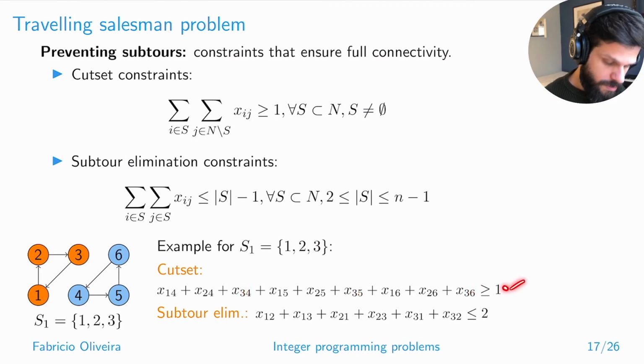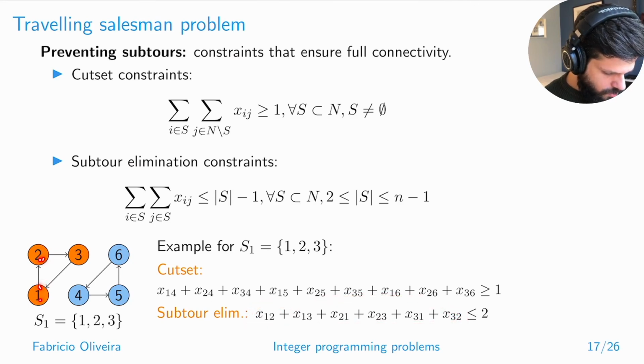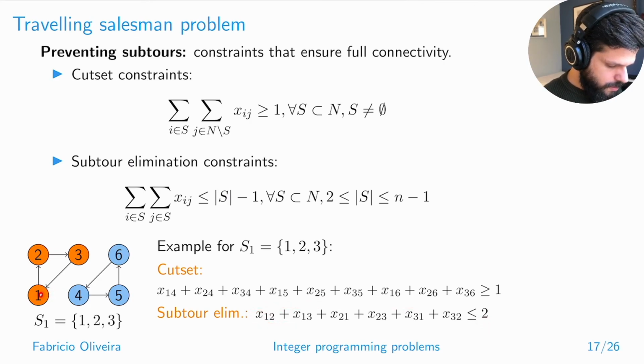So that's the constraint leaving the subset. And this one is basically saying, if I think of the arcs 1-2, 2-3, 3-1, and the reverse, of course, 2-1, 3-2, and 1-3, this cannot be greater than 2 because I have 3 elements. And that's it. All right.